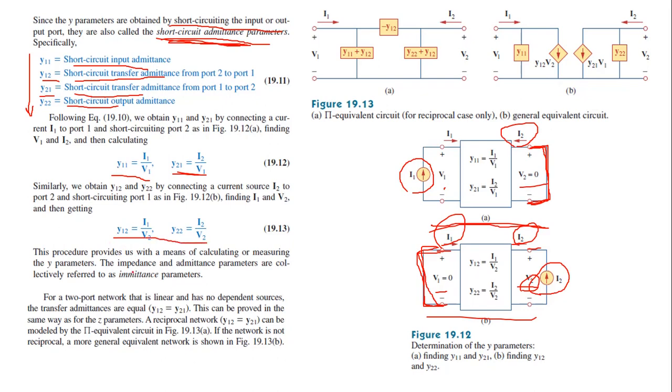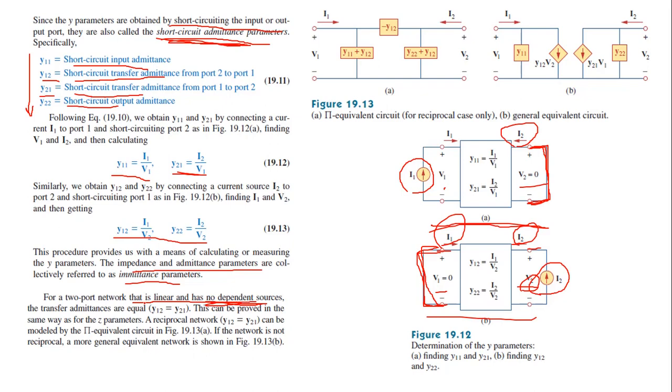So these impedance parameters and admittance parameters are collectively referred to as immittance parameters. Now similar to impedance parameters, there are two conditions for a reciprocal network. First condition is it should be linear, and the second condition is it should not contain any dependent source.